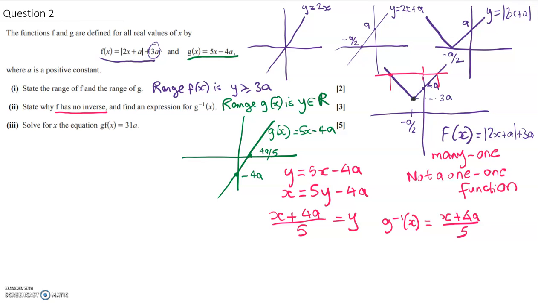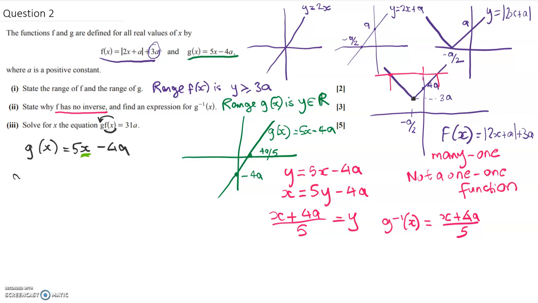Okay, the last part. Solve for x the equation gf(x) equals 31a. gf(x) is a composite function, and what we've done is we've put the function f into the function g. So what that means is wherever there's x in the g function, we replace it with the f one. So if this is g(x), instead of writing an x over here, I'm going to write the whole of my f function instead.